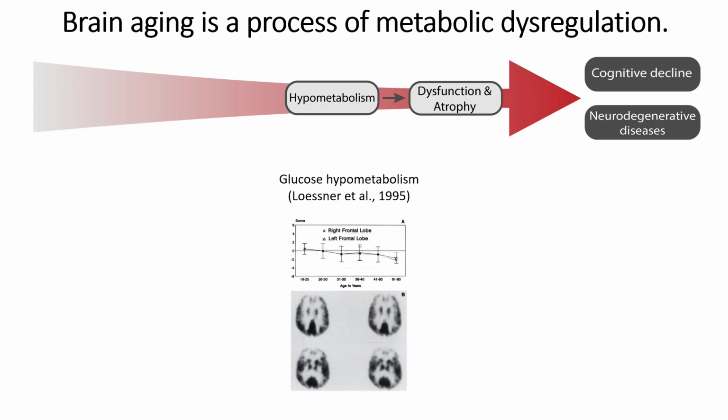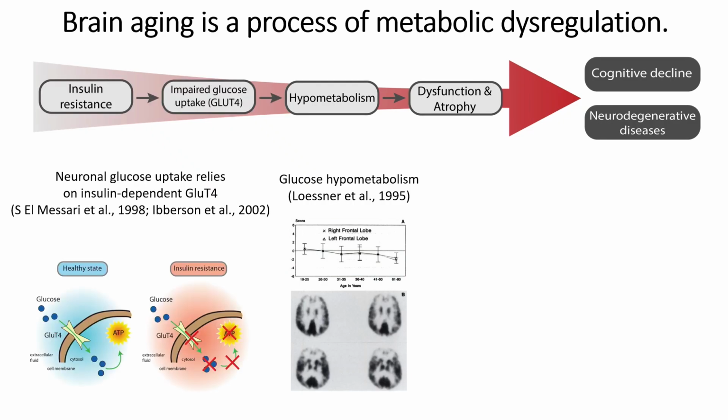And if you go further up in this causal chain, there is evidence suggesting that there's actually insulin resistance. So brain aging and this glucose hypometabolism stems from insulin resistance. We hypothesized that what's happening is that glucose uptake gets impaired in neurons, in those neurons that use GLUT4 for glucose uptake.